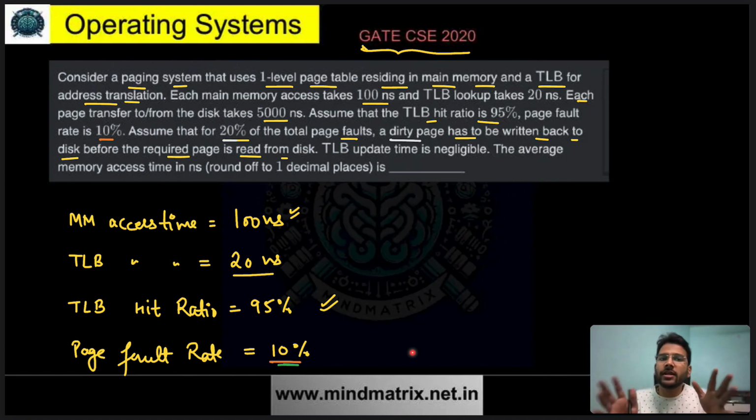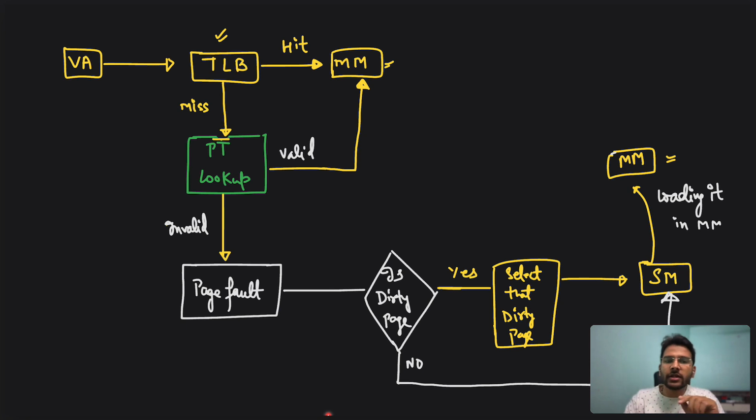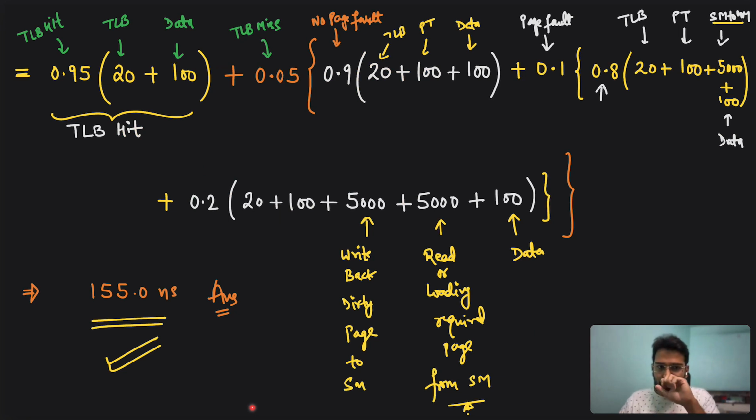Everything is given in the question, and as per the question you have to solve this. If the flow is clear in your mind, definitely you can solve it correctly.